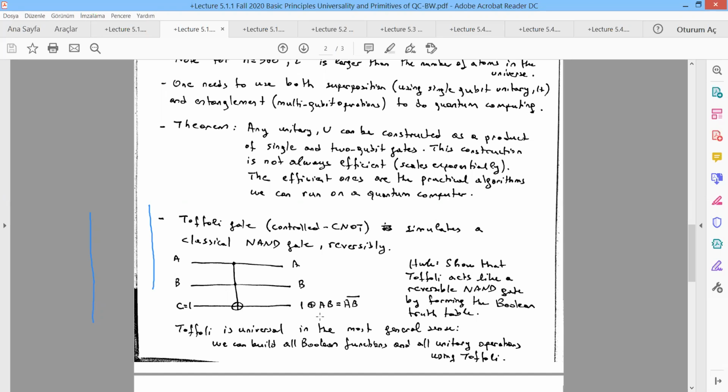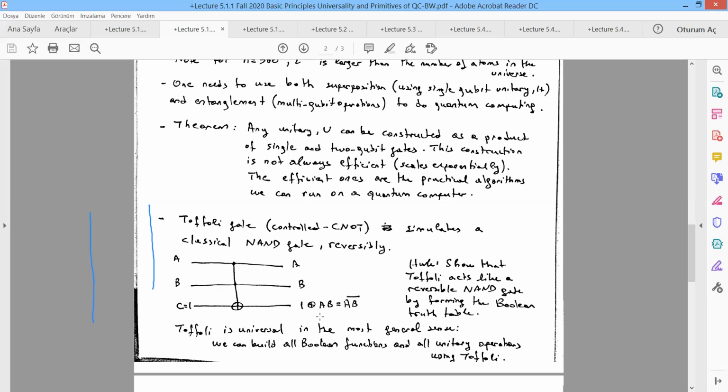So in the homework, I'll ask you to show that Toffoli actually acts like a reversible NAND gate by forming the Boolean truth table. In other words, you consider all the 8 possibilities of the values of A, B, and C. So build a truth table and show that this circuit corresponds to a reversible NAND gate. So we said the importance of the Toffoli gate is that it's a universal gate.